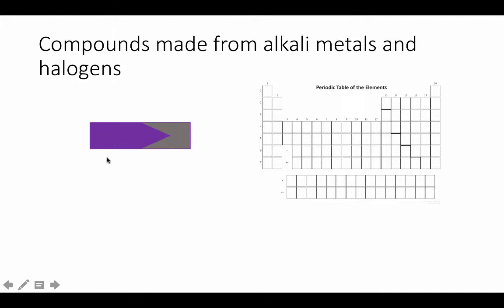So if we look at compounds that are made from alkali metals and halogens, remember that our alkali metals have a +1 charge, and our halogens have a -1 charge. They're right there and there on our periodic table. So the chemical formula for the compound between potassium and bromine is KBr. If we look at the purple shape as a potassium ion, it's going to be K+, and the gray shape as a negative ion, it's going to be Br-.